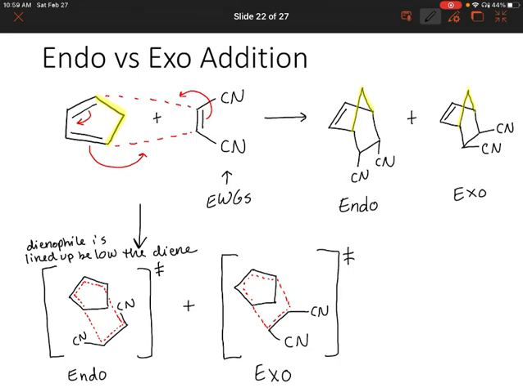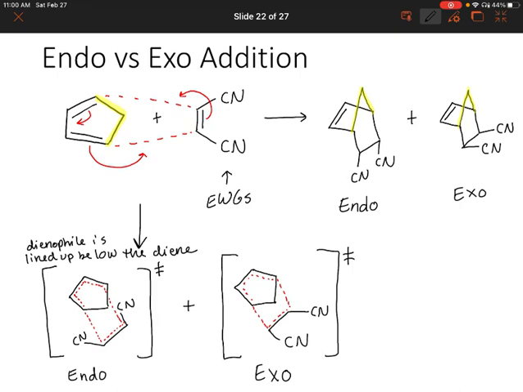Okay, so which one is more favorable? Well, it's kind of hard to tell, right? You might think, oh, wouldn't it be favorable for the cyanide groups to face away from everything since they're electron withdrawing?